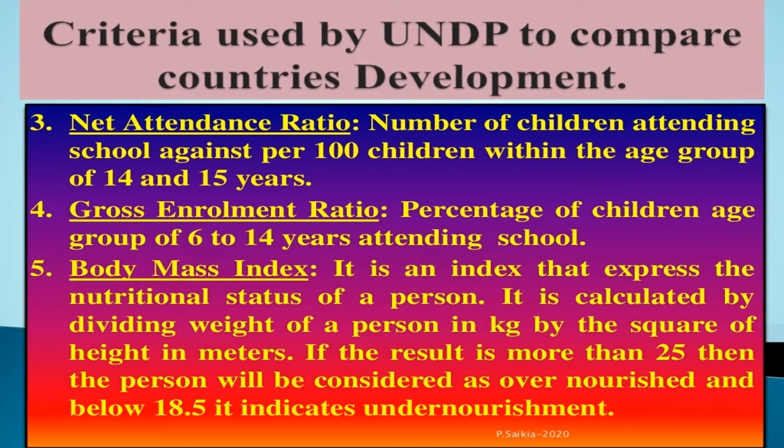It is an index that expresses the nutritional status of a person. It is calculated by dividing the weight of a person in kgs by the square of the height in meters. If the result is more than 25, then the person will be considered as overnourished, and below 18.5 indicates undernourishment.